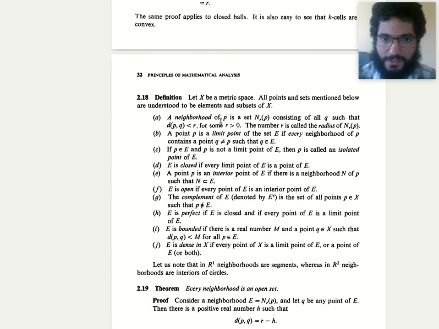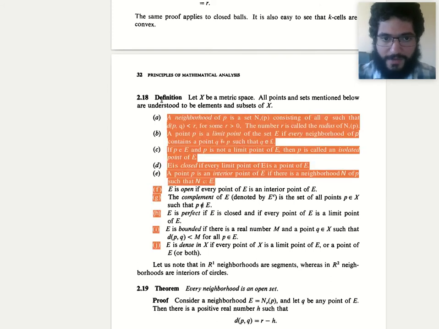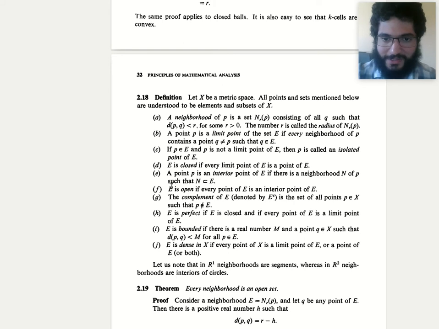He defines the notion of, he calls it a neighborhood, but that's kind of outdated use of that terminology. Now we call this the open ball centered at P of radius R. And we use these to define what is an open set. And here it is. Unfortunately, it's part F of definition 2.18, so it doesn't look as important as it really is, but it is very important.